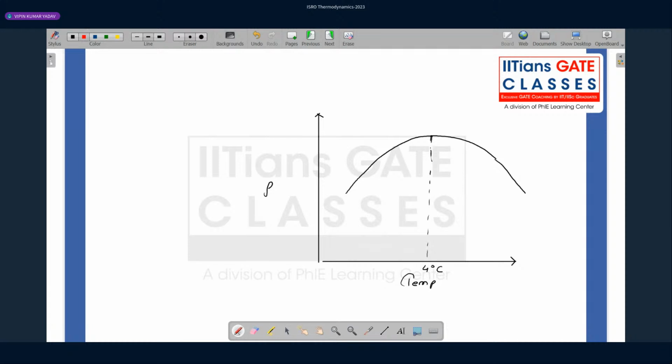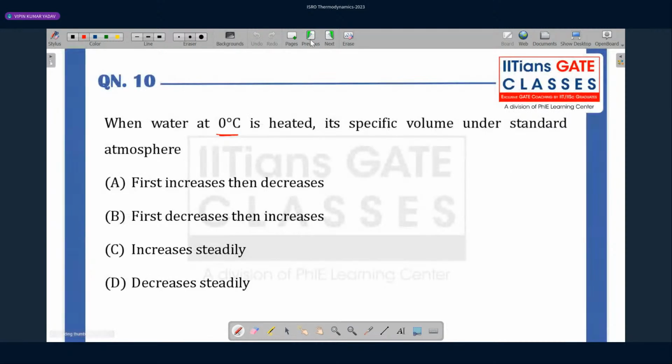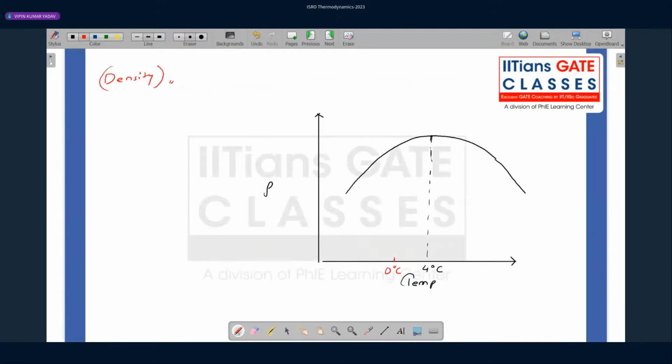Now let us say you are at 0 degrees Celsius. The density of water is maximum at 4 degrees Celsius. If you have a temperature of 0 degrees Celsius and you start heating it, so basically you are here, what will happen to density as you heat it?